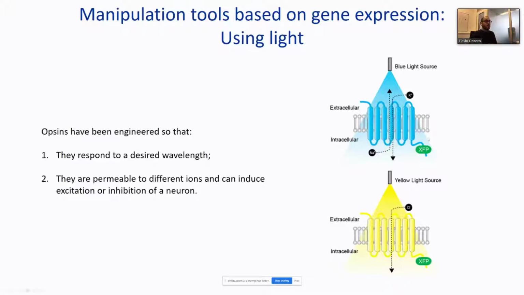We have basically two main classes of these proteins: the ones that get excited by light and respond by an increase in permeability to sodium and potassium, so that you have an increase of excitation of the neurons, or ones that respond by increasing permeability of the membrane to chloride, so you have the inhibition of the neurons.